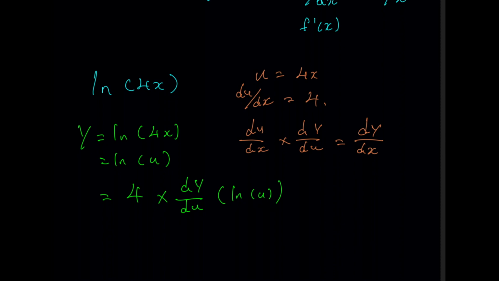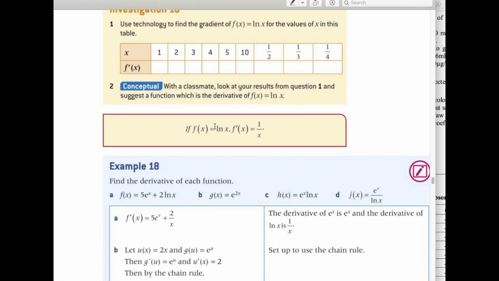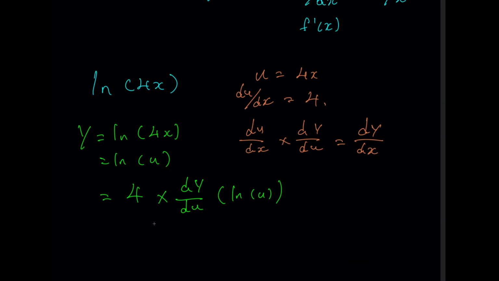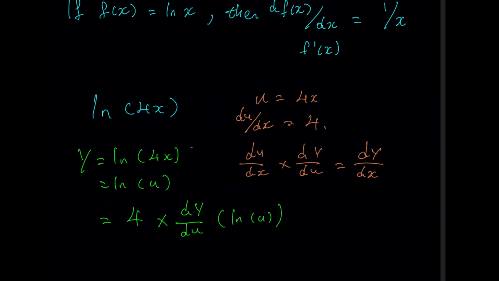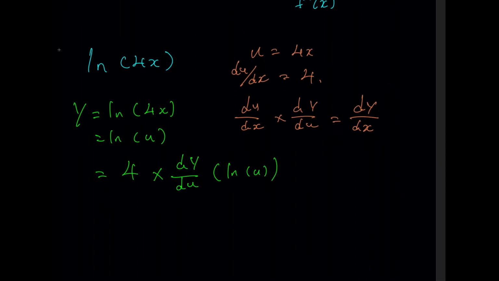We've been given this formula already: the derivative is simply 1 over x. The symbol is just different, but there's no difference. So that's just 4 times 1 over u, and since u is 4x, we undo the substitution to get 4 times 1 over 4x.